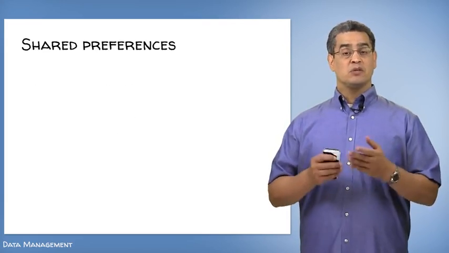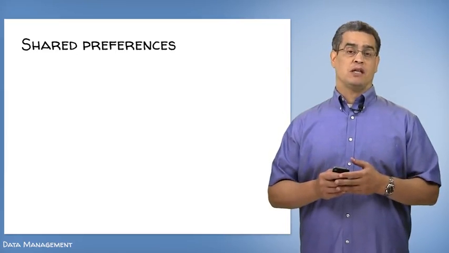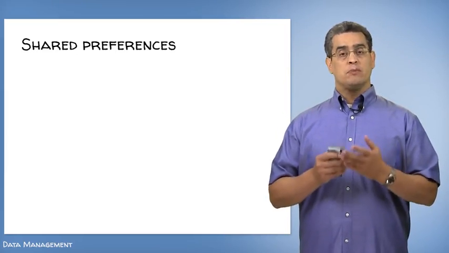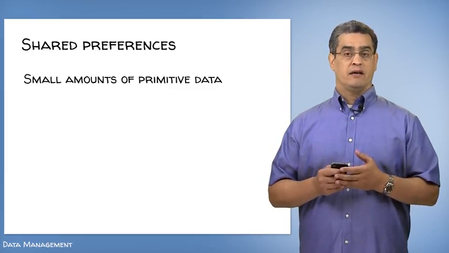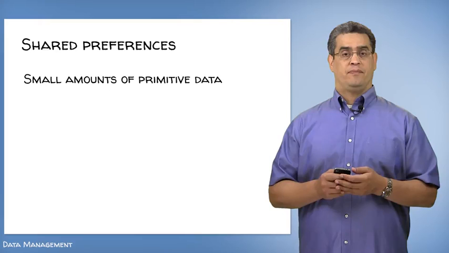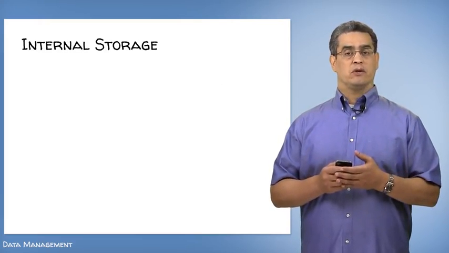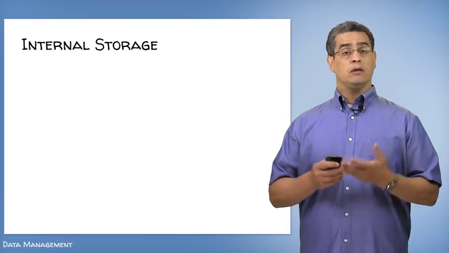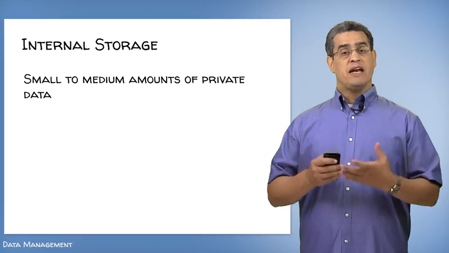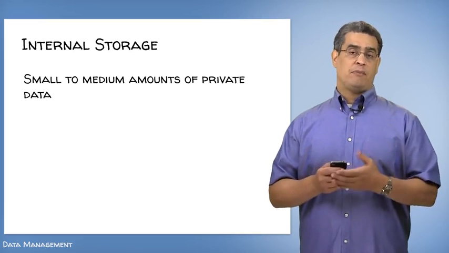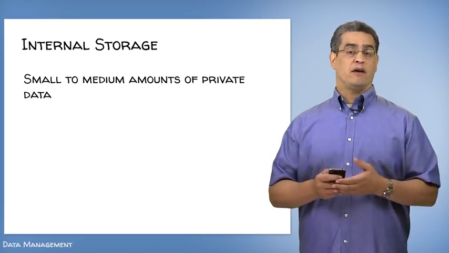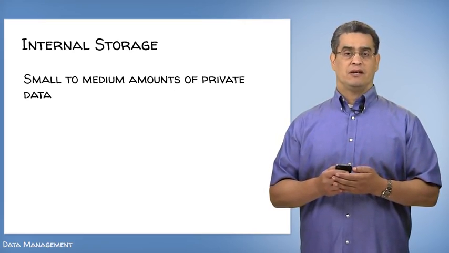Your applications will typically use the Shared Preferences class when you want to store small amounts of primitive data, such as a username. Your applications will typically use internal device storage when you need to manage small to medium amounts of data that should remain private to the application, such as temporary files that are used by the application.